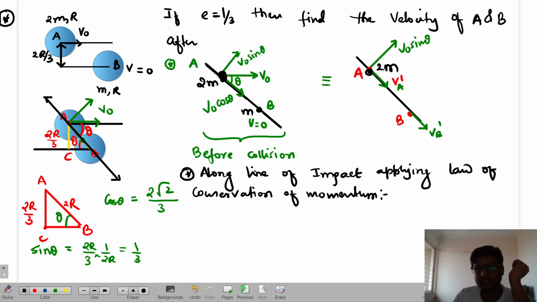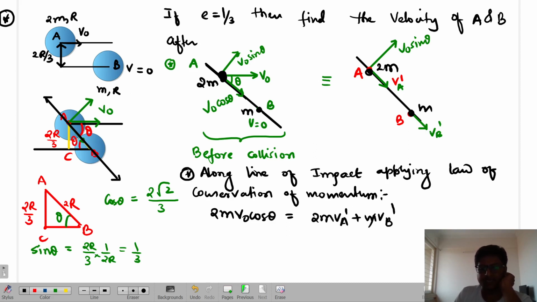After the collision, 2m has another velocity while mass m also has some velocity. So the equation will be 2m into V0 cos theta equals 2m into VA dash plus m into VB dash. m cancels. So twice V0 cos theta is equal to twice VA dash plus VB dash. Is that clear or not?